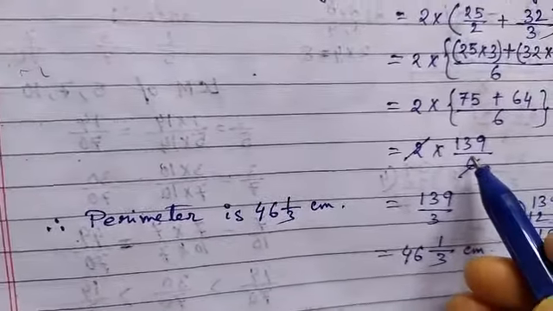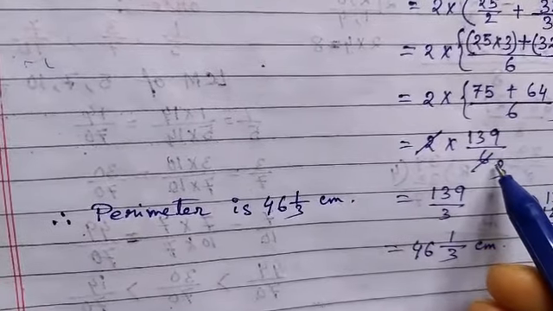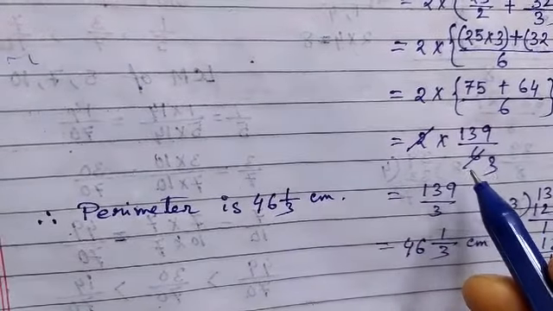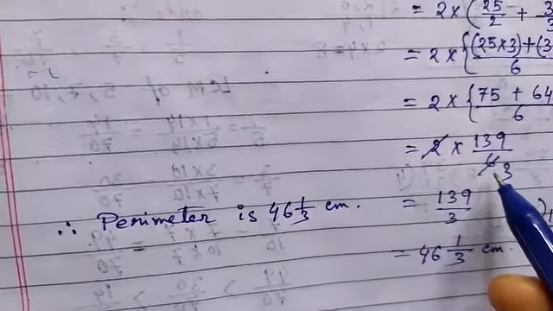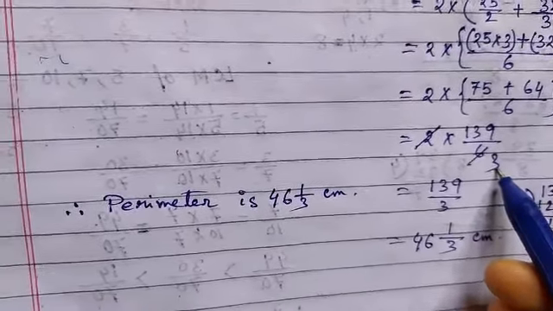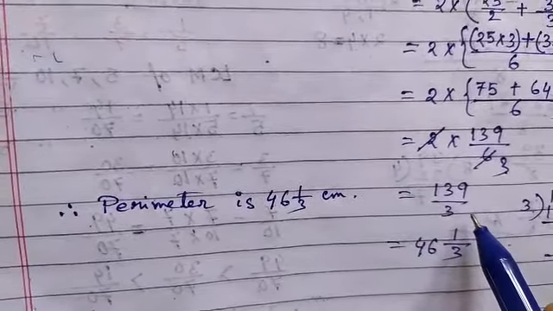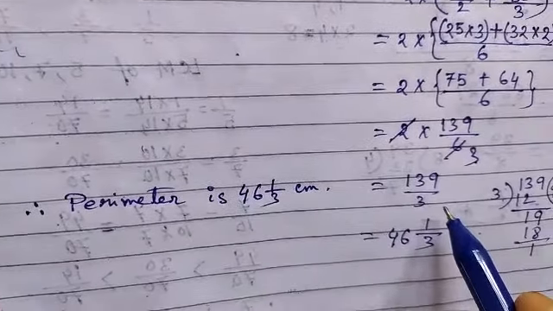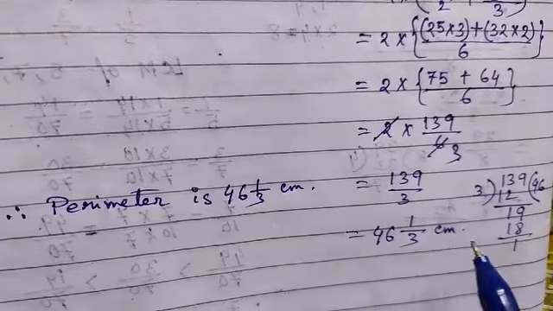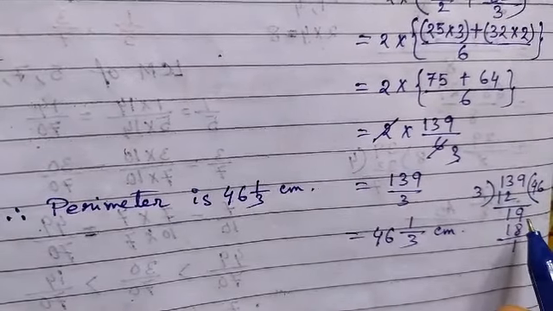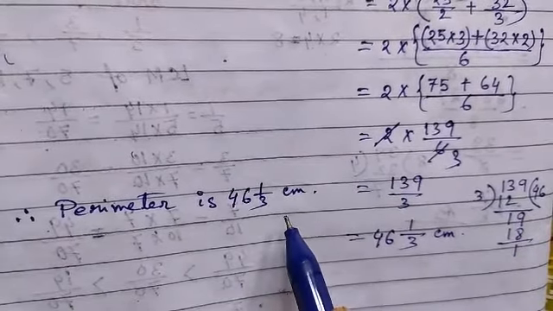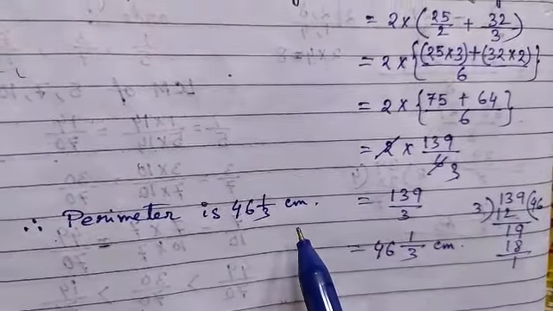After adding we get 139 by 6. Then 2 into 139 by 6. Then 2 and 6 can be cut by 2. Then we get 3 here. Then 139 by 3. It is converted into mixed fraction. So 46 whole 1 by 3. This is the division. So here the perimeter is 46 whole 1 by 3 centimeter.